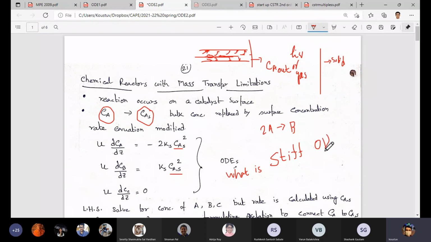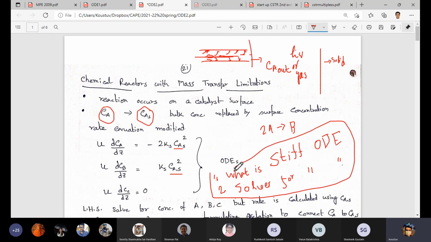So the first question is, what is a stiff ODE, and the second is, what are the solvers for stiff ODE.